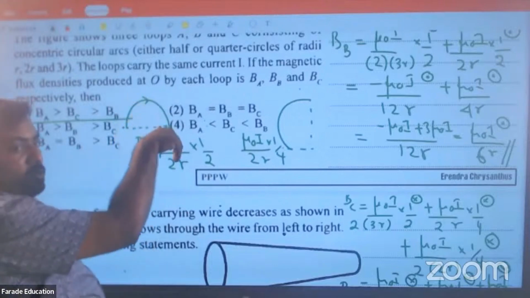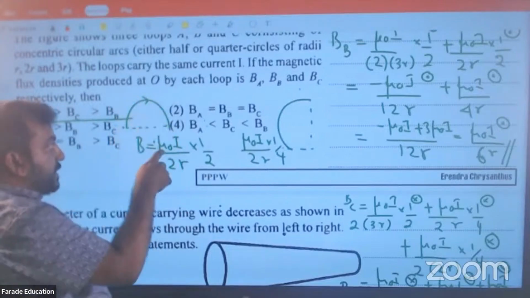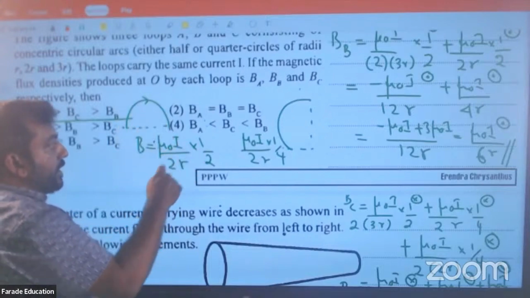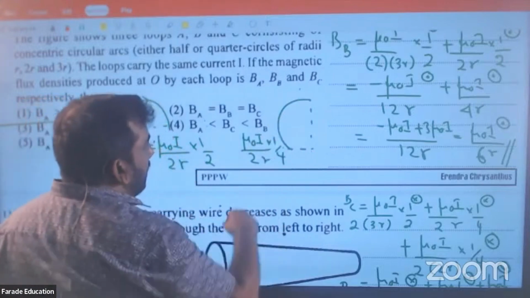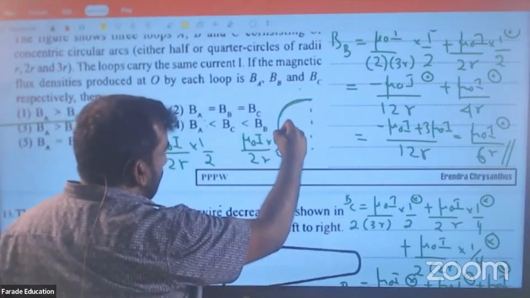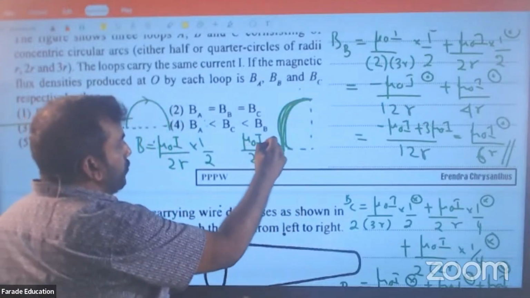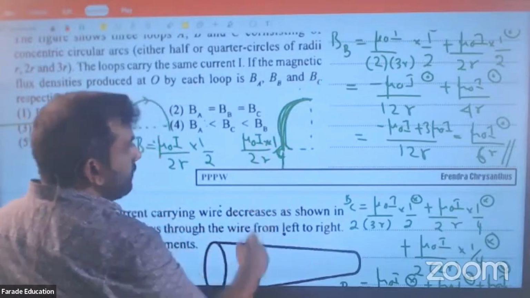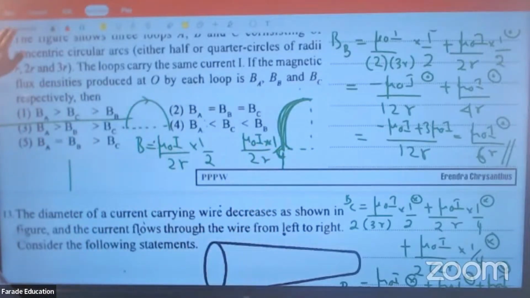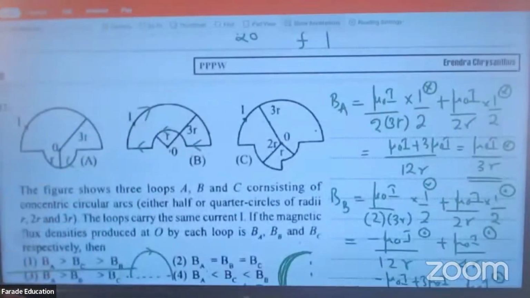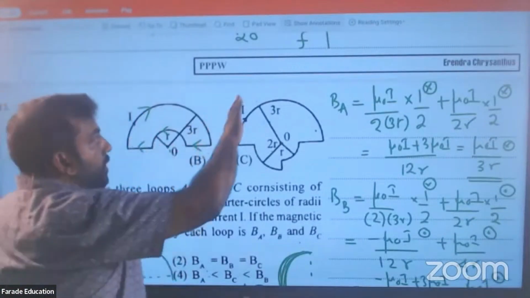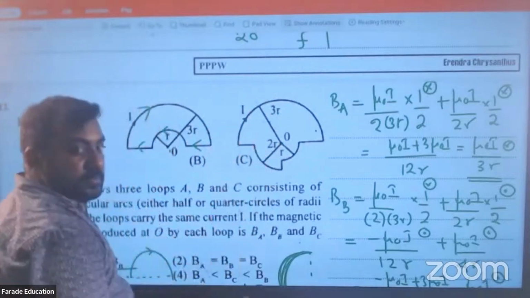So right hand rule, half a circle means mu naught I over 2R times half. Quarter circle means mu naught I over 2R times quarter. If you look at this, half, half, half, half, half, quarter, quarter.